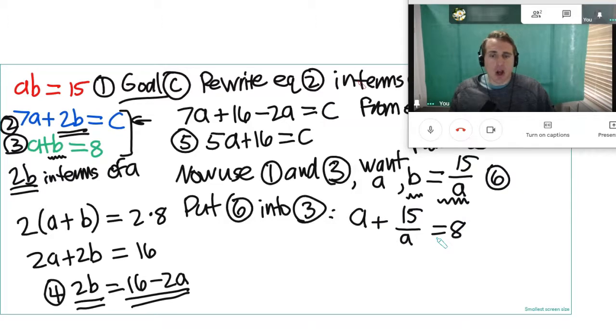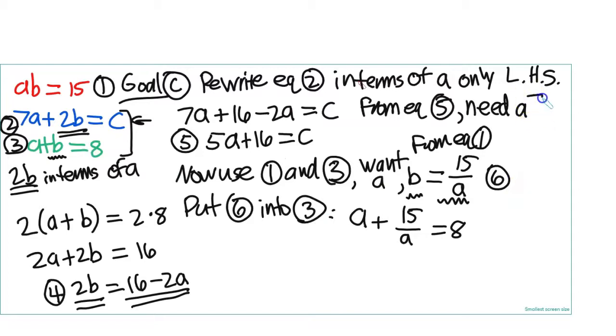Yeah. Okay, now we need to solve this for A, because we already said that, right? We need to find A. So how are we going to do that? Well, let's first multiply the entire equation by the least common denominator. Which is the least common denominator here?